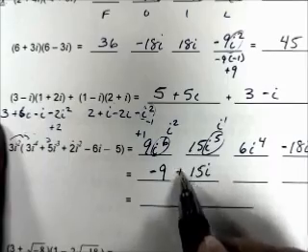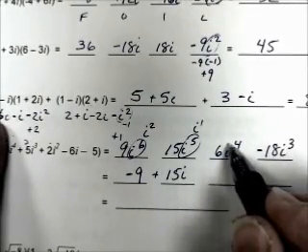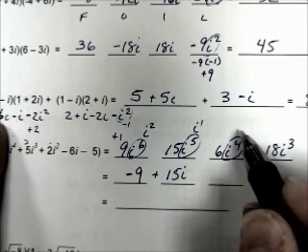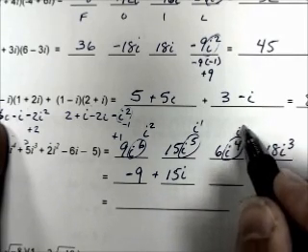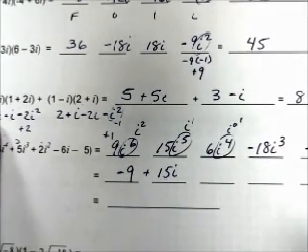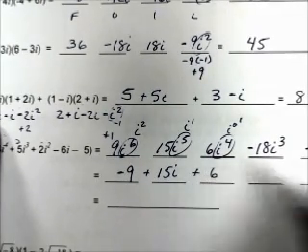Plus, i to the 4th, divide 4 by 4, remainder is 0, and i to the 0 is equivalent to 1. Anything to the 0 power is 1, so 6 times 1 is 6.